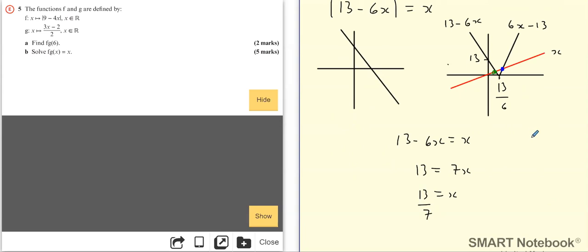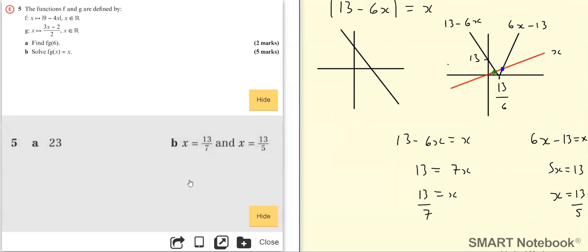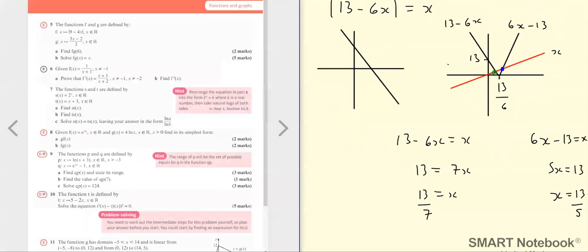And then we have got 6x minus 13 equals x. And so we get 5x equals 13. x equals 13 over 5. And there we have it. Okay, does that make sense? Are we happy with that?